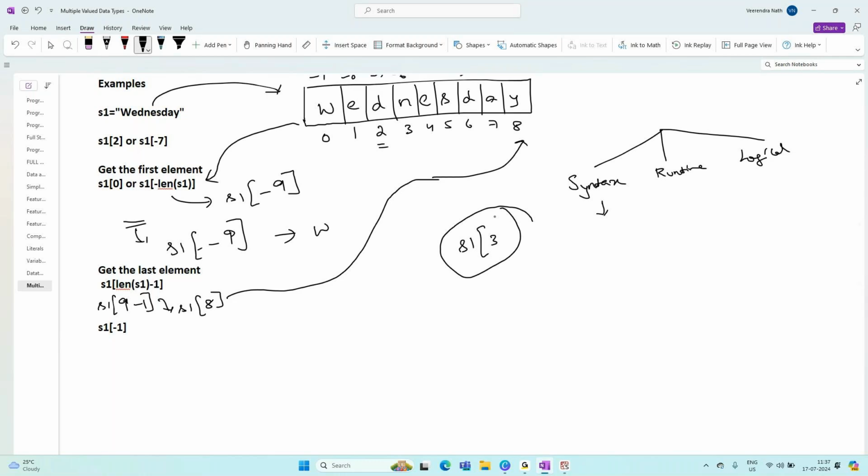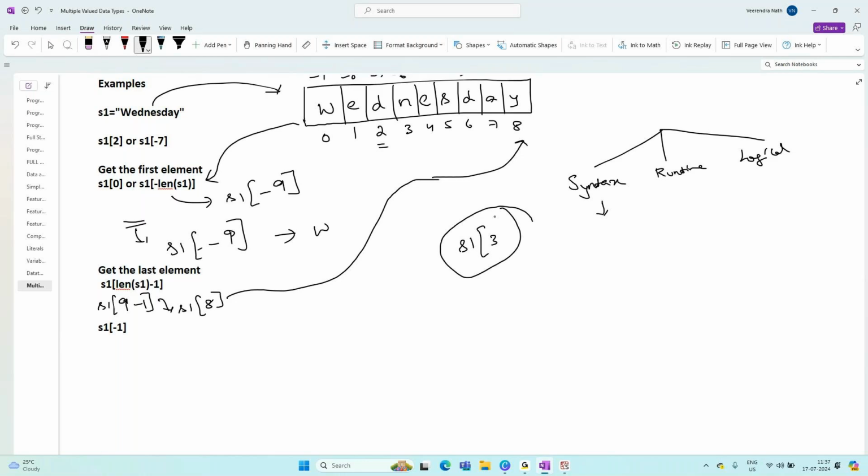So which kind of error do you expect? You expect the syntactical error. Yes or no? Am I crystal clear? Syntactical error, because you are not following the rules.